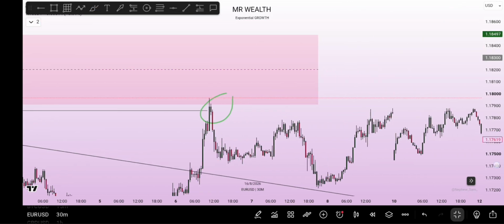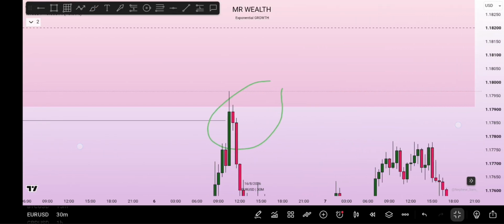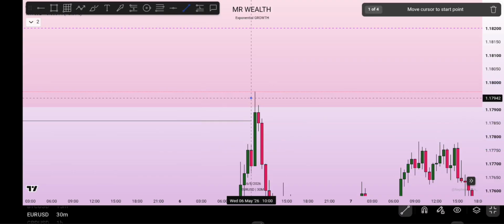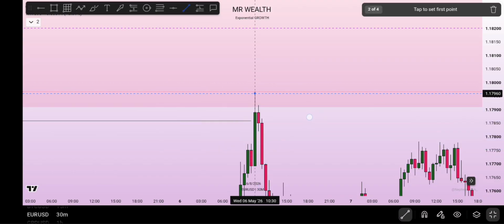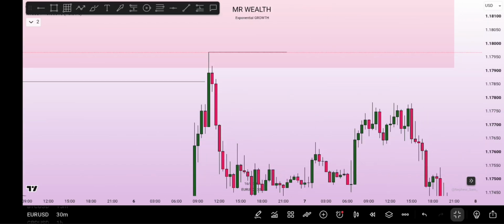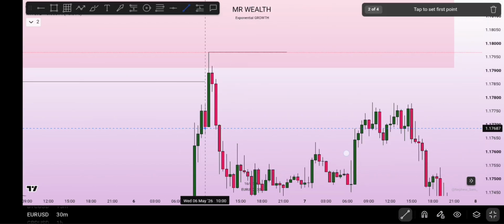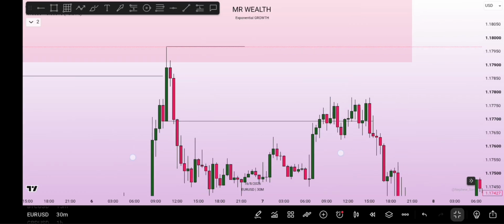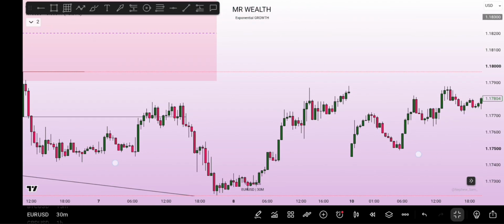That is the liquidation candle. You can see the candle that dipped deep inside the POI as a validation point. This is the closure of the candle.